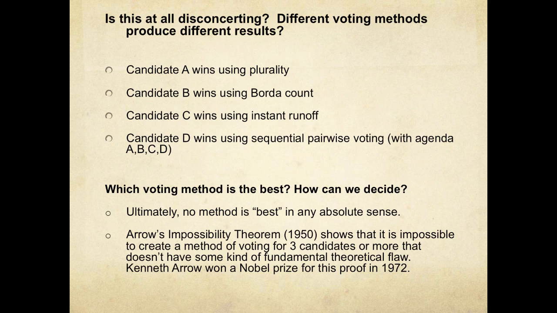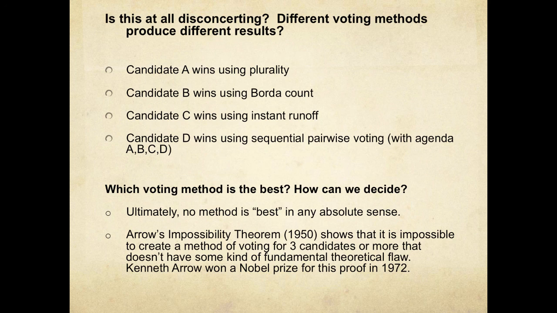Ultimately, there is really no best method in any absolute sense. It's Arrow's impossibility theorem from 1950 that shows that it's impossible to create a method of voting for 3 candidates or more that doesn't have some kind of fundamental theoretical flaw anyway. Besides the fact that the different methods produce different winners, each of them has theoretically the potential to violate basic principles of fairness.